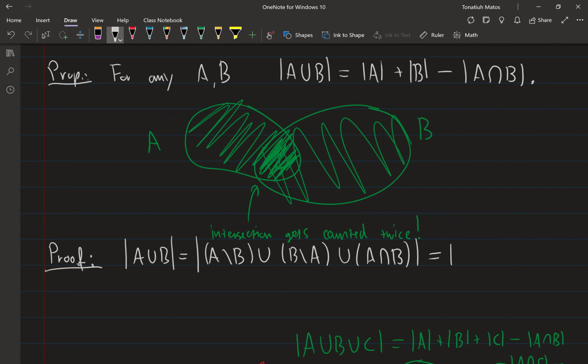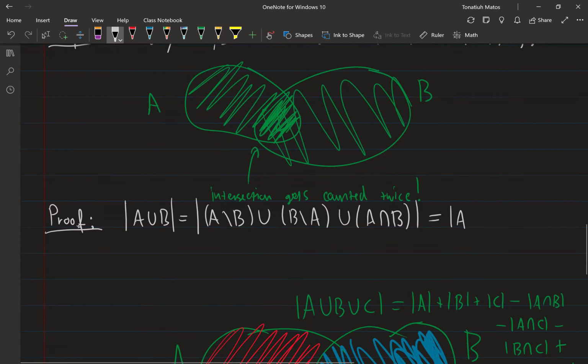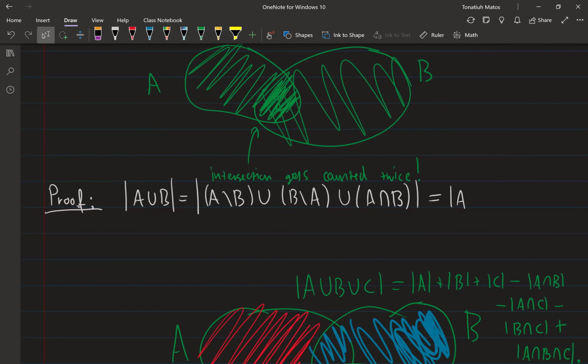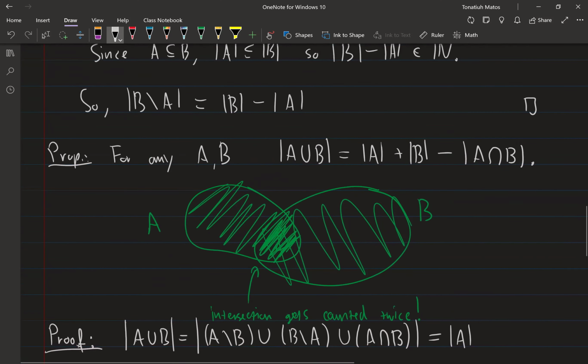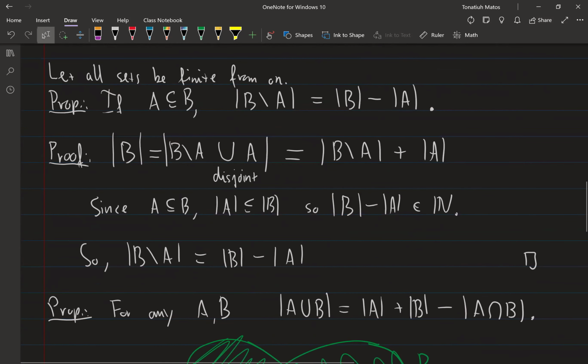So this is the set of A minus B. Yeah, let's just write it like this. We can use the thing we had above, right?